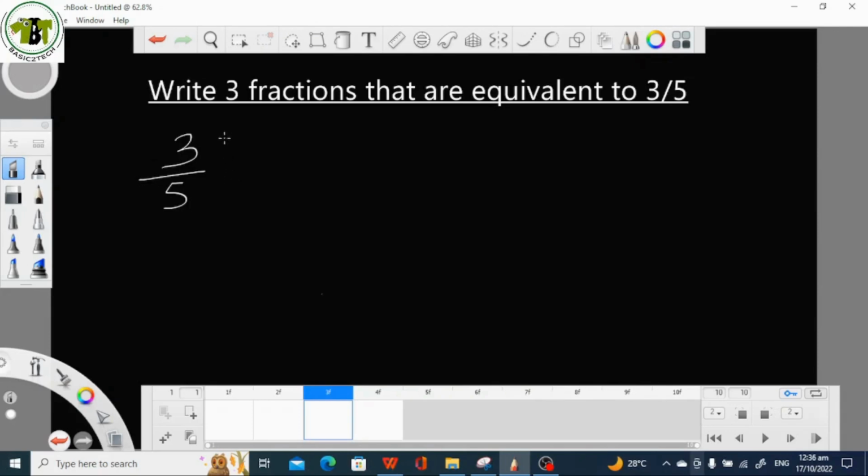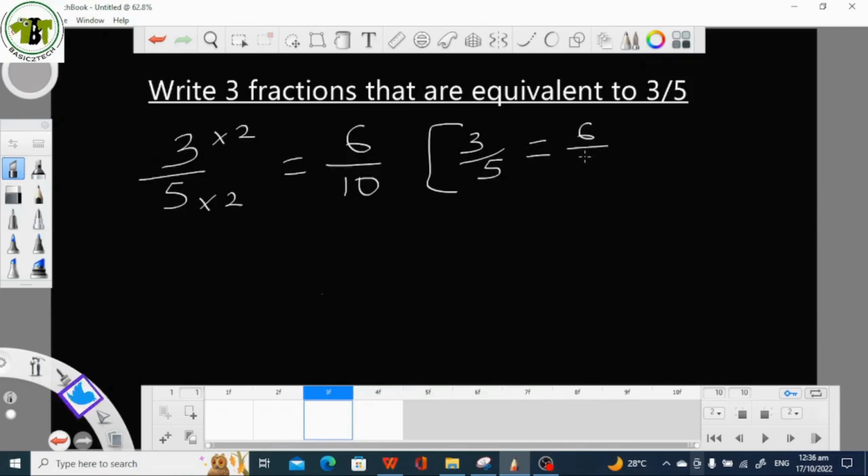So 3 times 2 is 6, and 5 times 2 is 10. So this tells us that 3 over 5 is equivalent to 6 over 10.